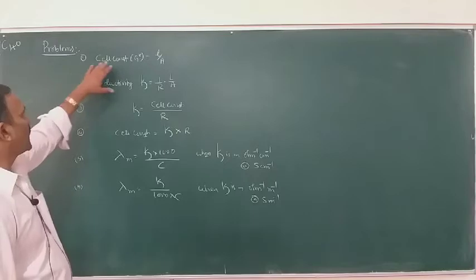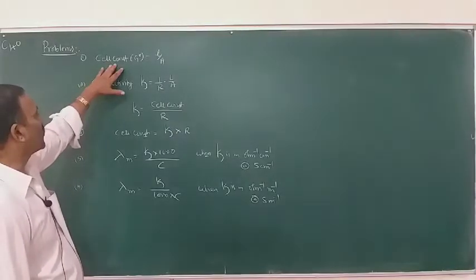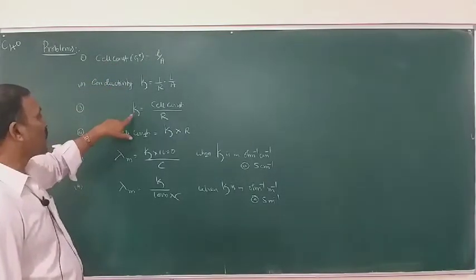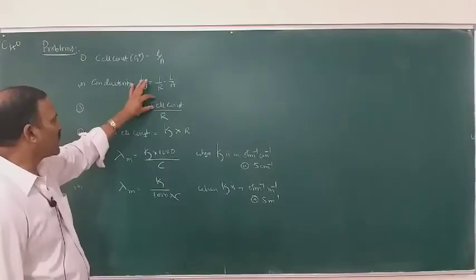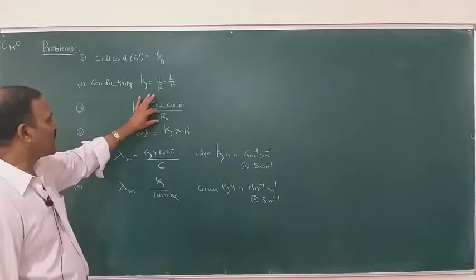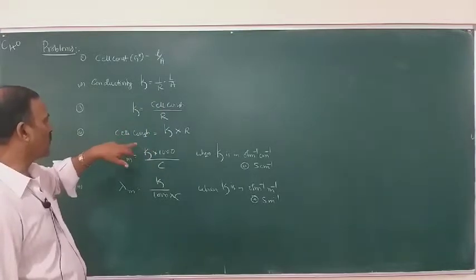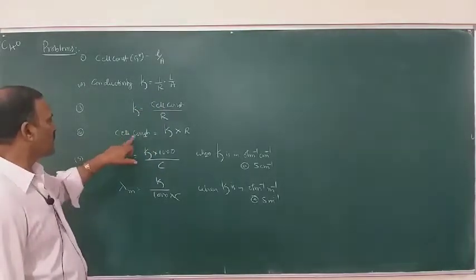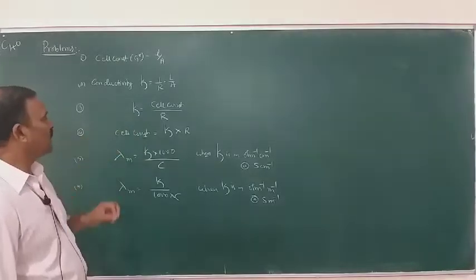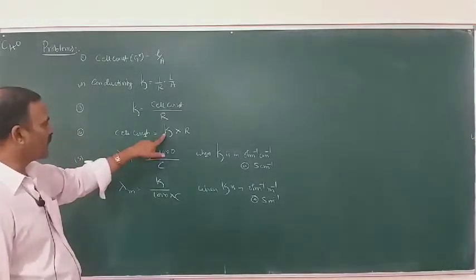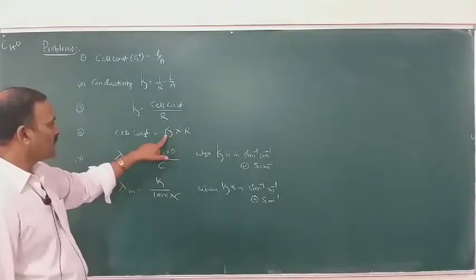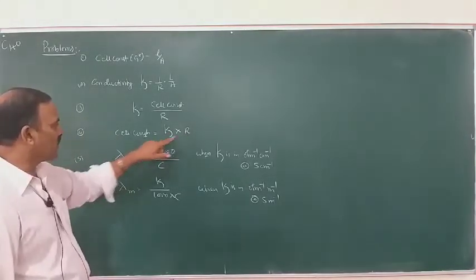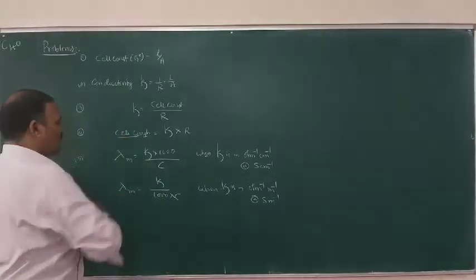So remember these formulas. To determine specific conductance, you have to know the cell constant and resistance of the solution. To determine cell constant, take a solution of known specific conductance and determine its resistance; multiplying the specific conductance and resistance, you will get cell constant.